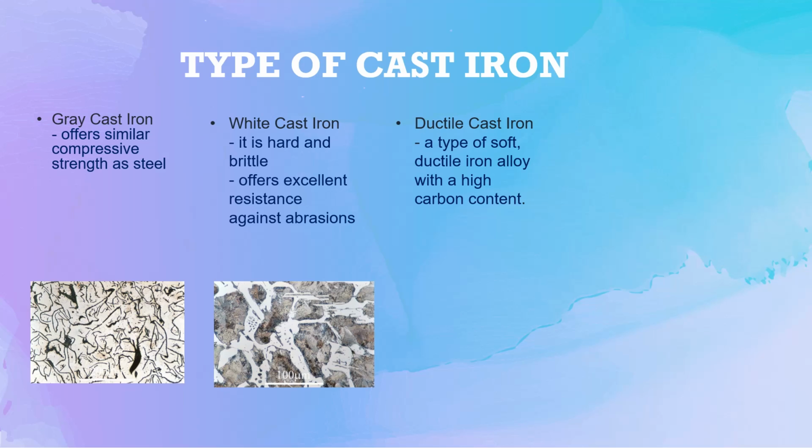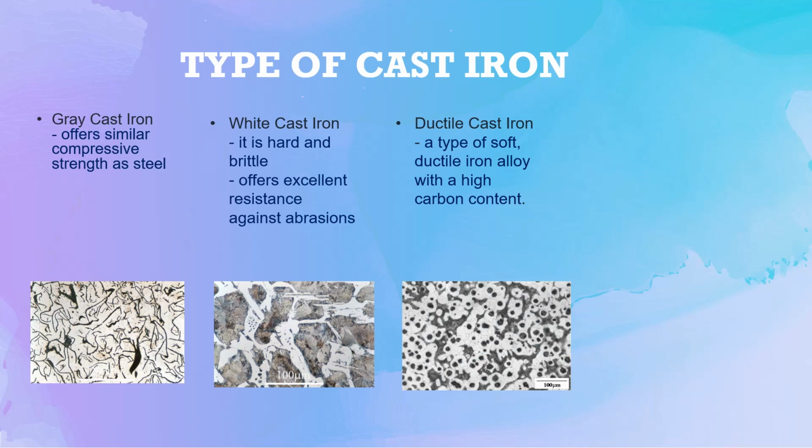Okay, I'm going to present the third type of cast iron. The third type of cast iron is ductile cast iron. It is a type of soft ductile iron alloy with a high carbon content. You can see in the picture here a ductile cast iron in the microscope.